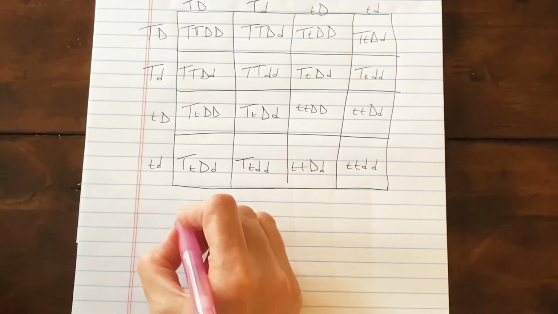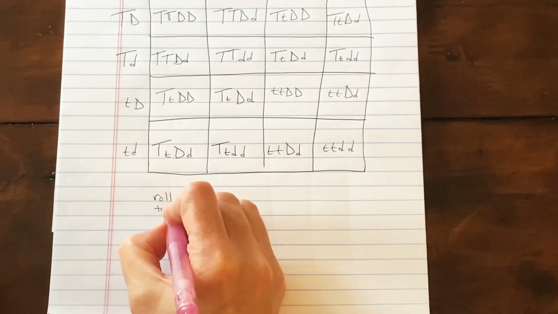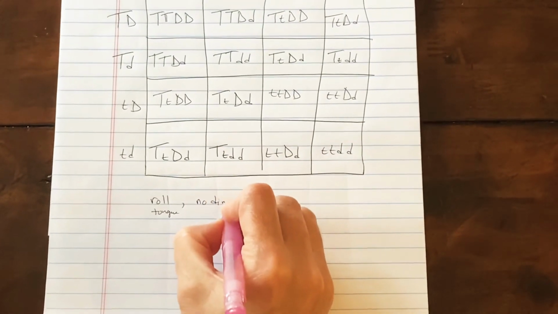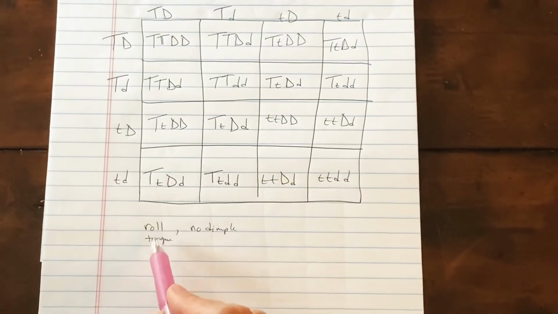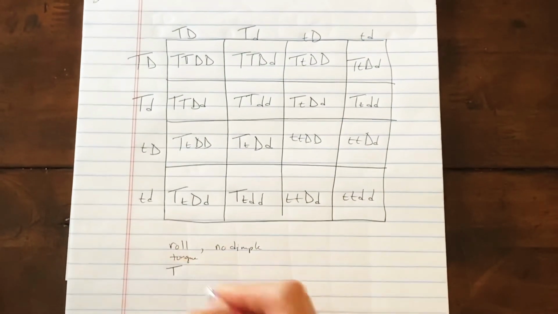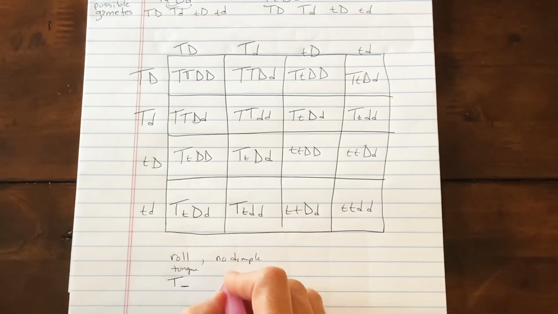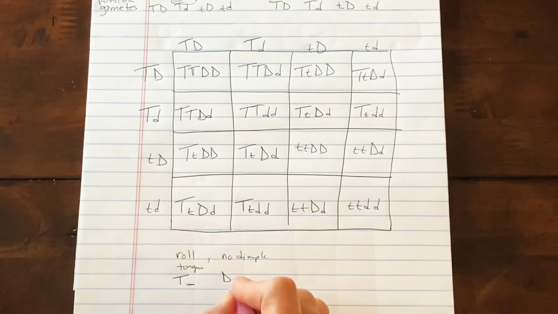So we want to know how many of them will be able to roll their tongue and have no dimples. Those are both the dominant traits. When you count those, they would have to have at least one big T to be able to roll their tongue. The other one could be a big T or a little t. And to have no dimples, they'd have to have at least one big D, and the other one could be a big D or a little d.